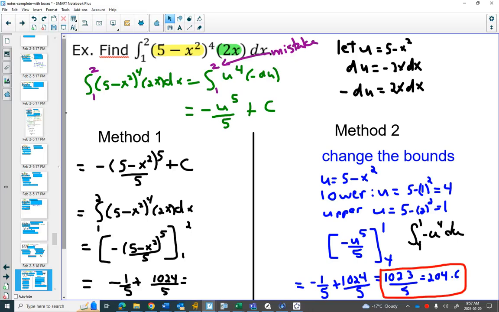And the nice thing about not substituting back is that usually you're dealing with something much easier to look at. Like u to the 5 is a lot better than having to do 5 minus x squared first and then raise it to the power of 5. That's extra work. So in a lot of ways, for definite integrals, I do like method 2.